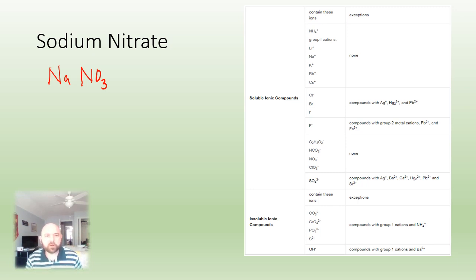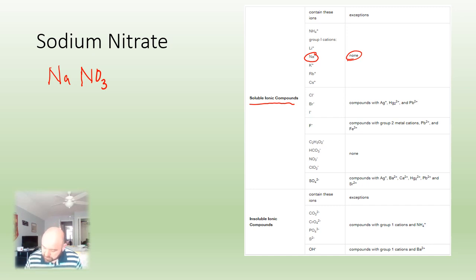We can check a couple of ways. If I look for soluble ionic compounds, I'll see soluble ionic compounds contain these ions, with sodium being one of those ions, and there are no exceptions for sodium, it looks like. So just from the fact that there's a sodium ion there, this is a soluble ionic compound, so sodium nitrate will dissolve in water.